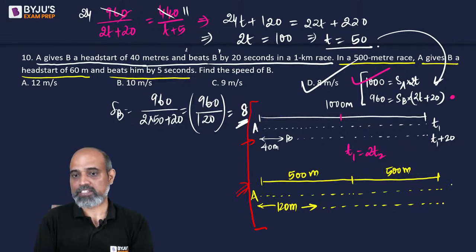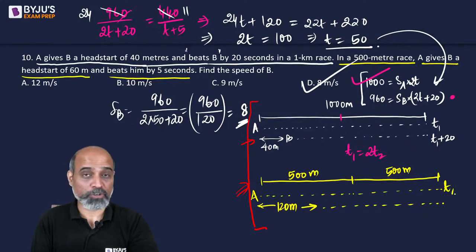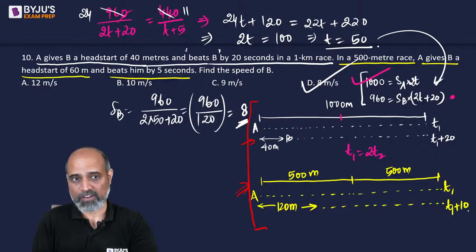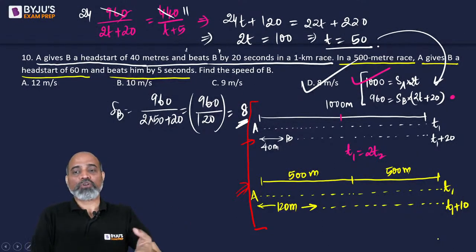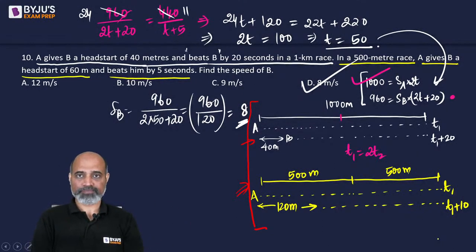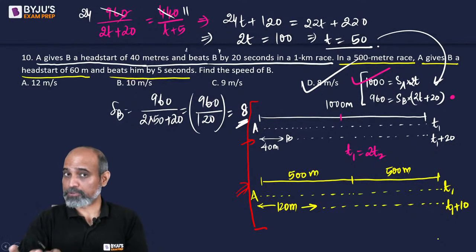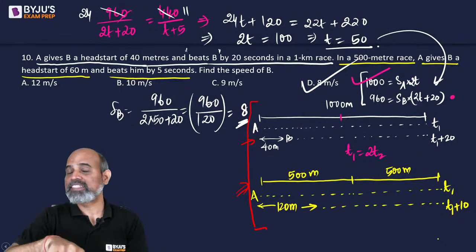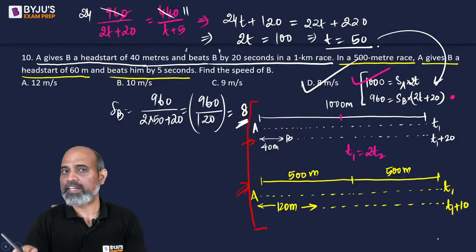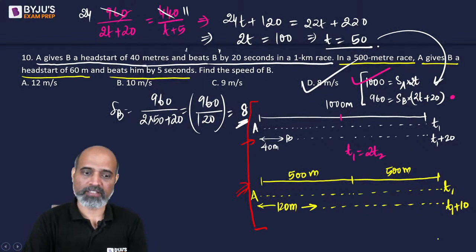And B reached, remember this, they both are going to be T1 and T1 plus 10 now because 5 seconds for one part and 5 seconds for another. So I got this extra. Okay, look, I have written this to explain to you so that you can see. Logically what I would have done was double 60, double 5, 120 meters and 10 seconds.